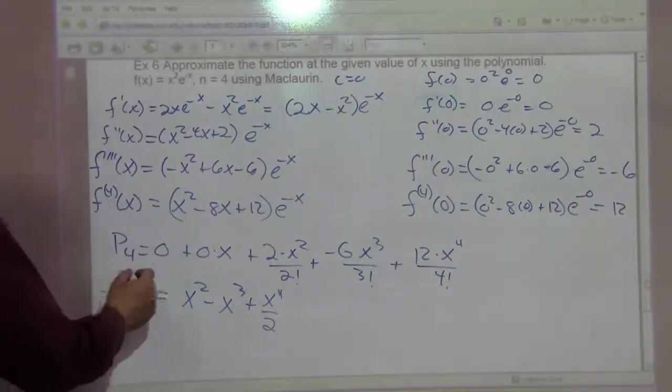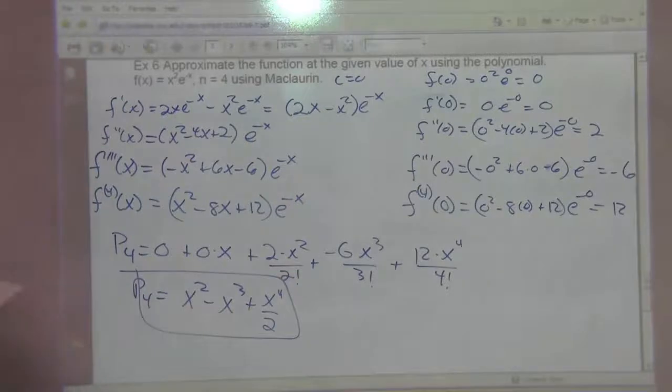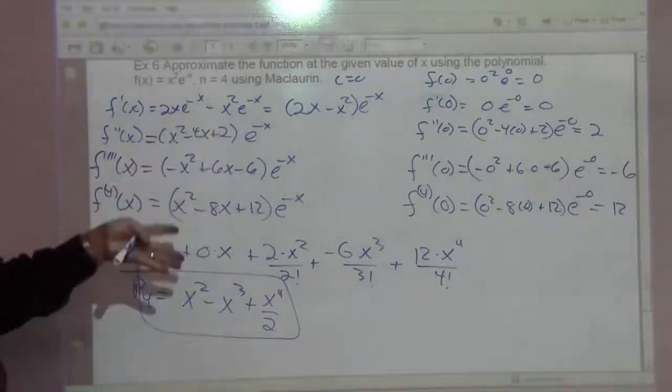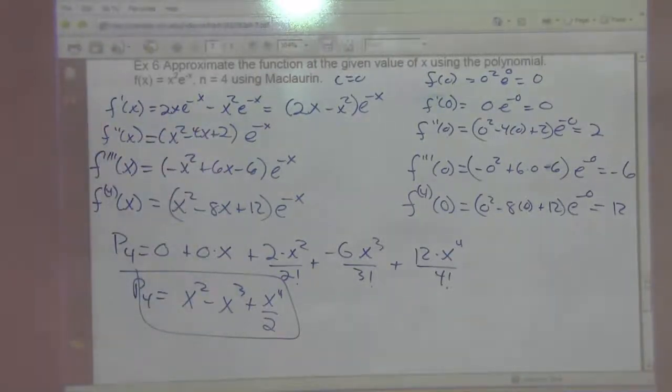And that'll do it for this section. Oh, there is one thing at the bottom I wanted to address. It's the remainder theorem for Taylor polynomials. So if you want to pause this, feel free to pause this, and you can write this down. It's also in the notes that you can get online.